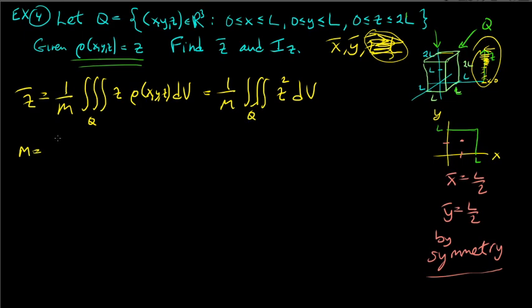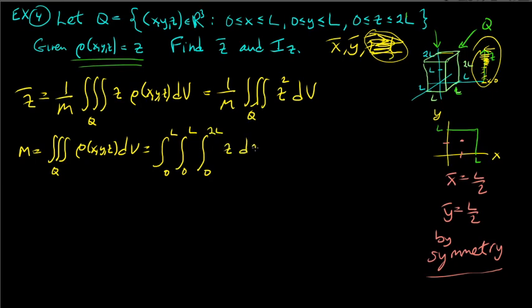So we have to calculate m. M is just going to be the triple integral of the density, and the density, again, is just z. So now we're just integrating z. And the limits of integration are 0 to L for x, 0 to L for y, and then 0 to 2L for z.